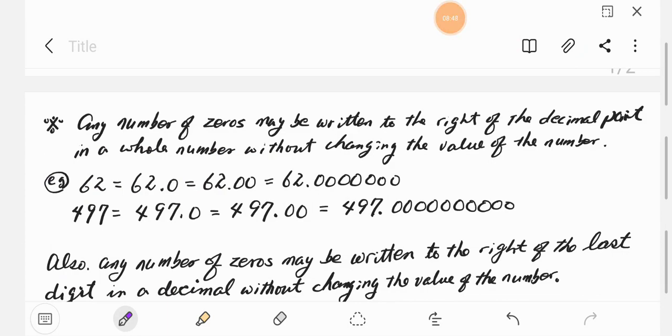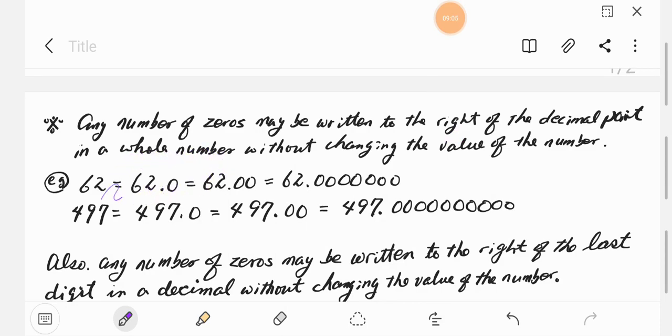When you have a decimal number or whole number, you can put as many zeros as you want at the end of the number. Any number of zeros may be written to the right of the decimal part in a whole number.